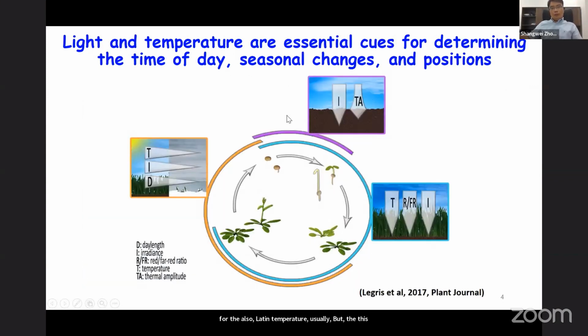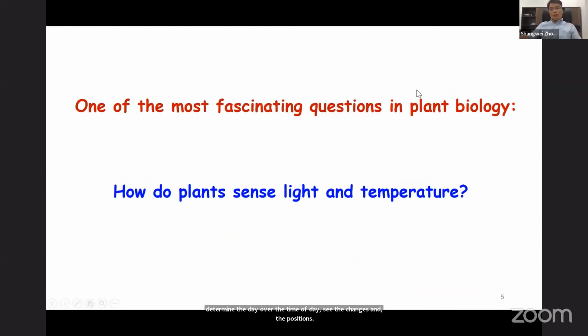The signals of light and temperature are essential for plants to determine the time of day, season changes, and positions. So one of the most fascinating questions in plant biology is how do plants sense light and temperature?